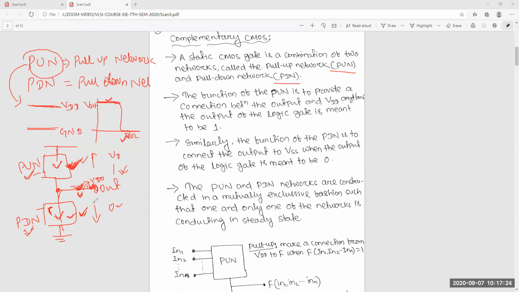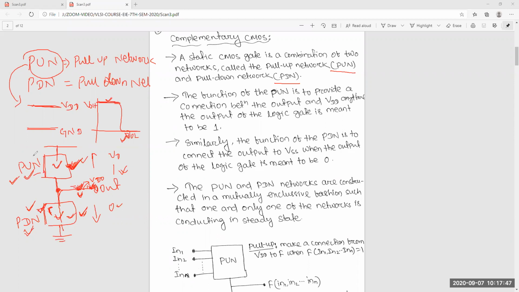As you know about CMOS static characteristics, at any time either the pull up network is on or the pull down network is on, because one is PMOS and the other is NMOS. When you give 1, this part will be on.